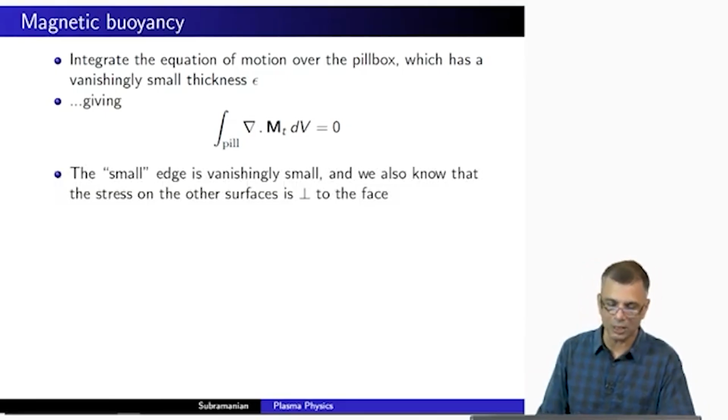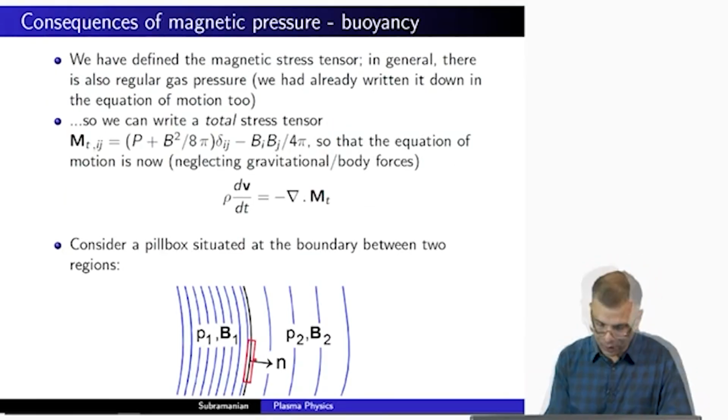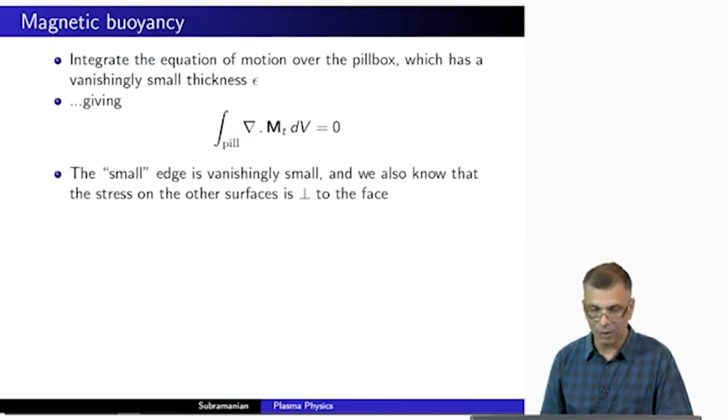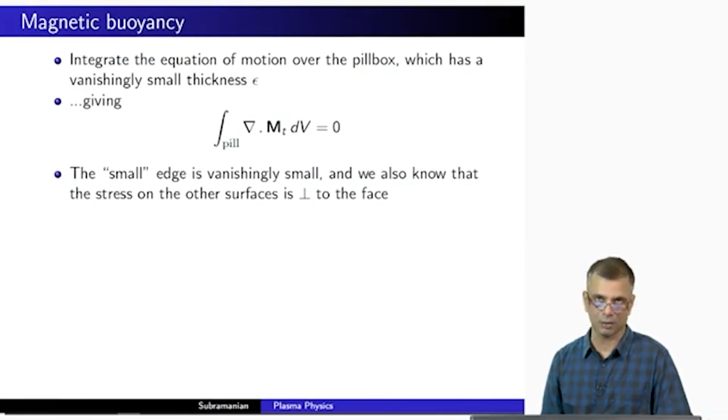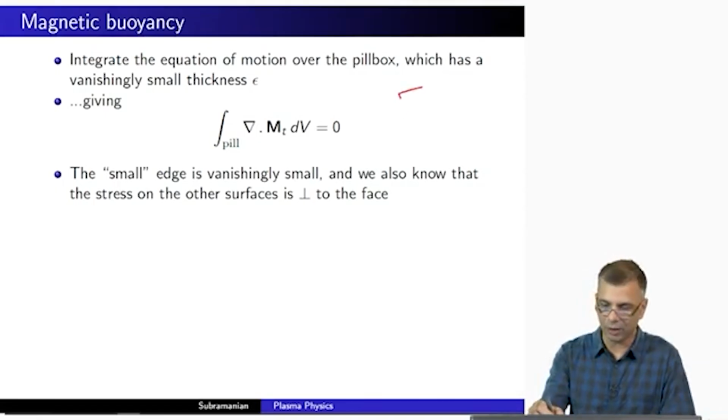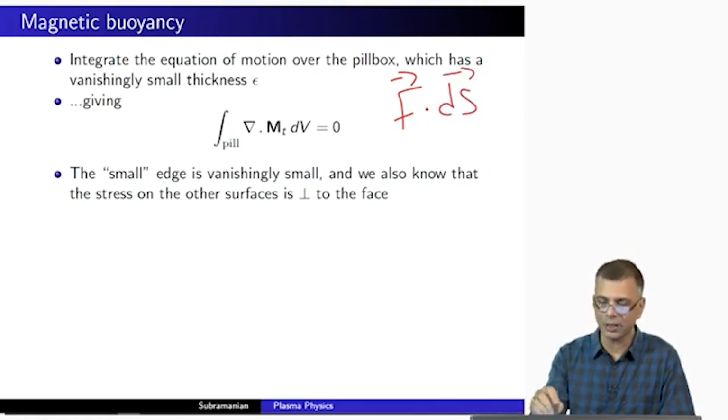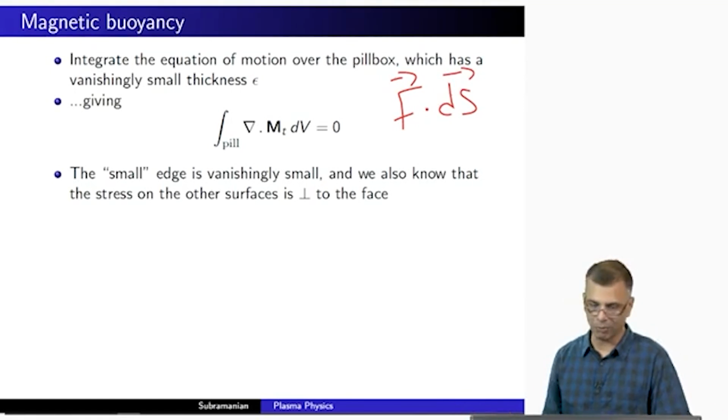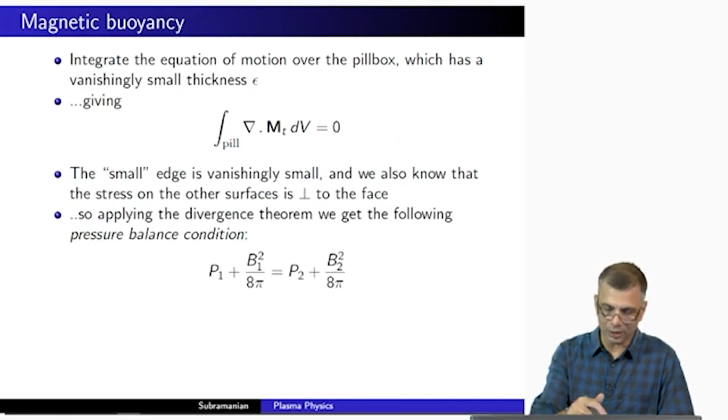Because the small edge is vanishingly small, and as far as the other surfaces are concerned, the stress is perpendicular to the face. So because the stress is perpendicular to the face, the f dot ds has to be 0. So that's why this is 0.